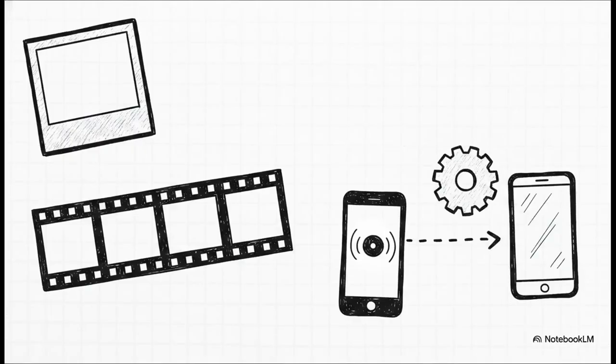And MediaPipe makes this workflow incredibly versatile because it natively supports 3 distinct input types. You can process static, still images, pre-recorded video files, or, and this is the most common for modern mobile apps, live video streams straight from the device's camera. But remember, as an Android developer, when you're running that live stream mode, you absolutely must set up an asynchronous result listener.